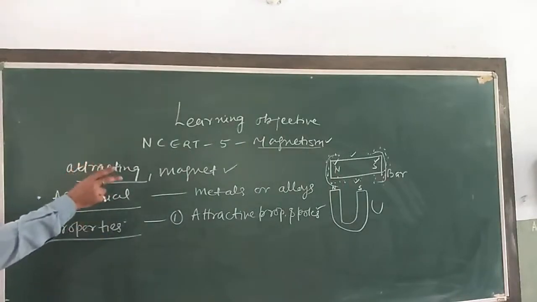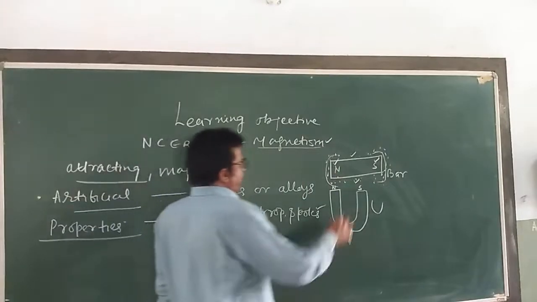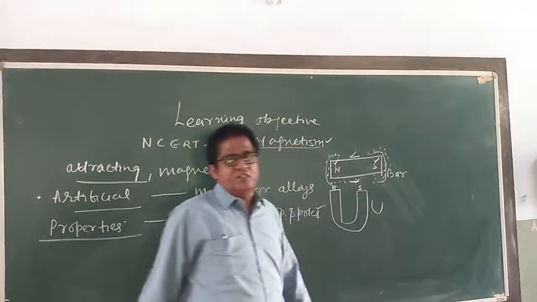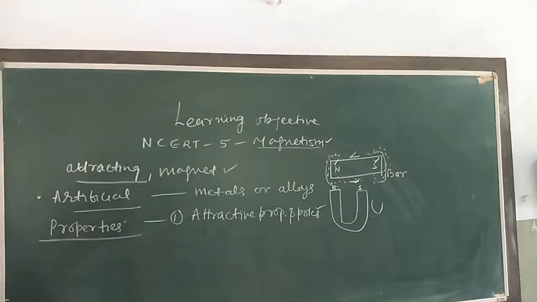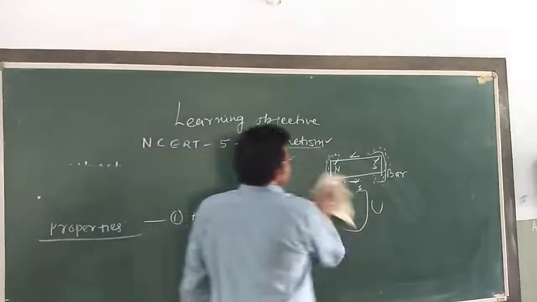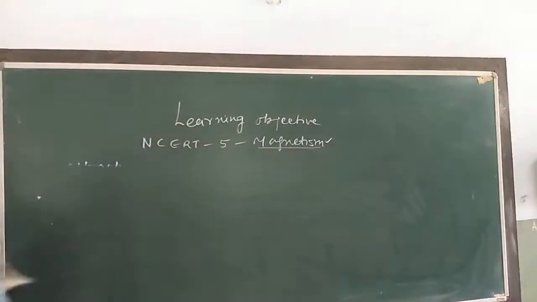While the places of minimum attracting power, here and here, that is called the neutral region. So this is the attracting power and the poles that are available in the magnet.